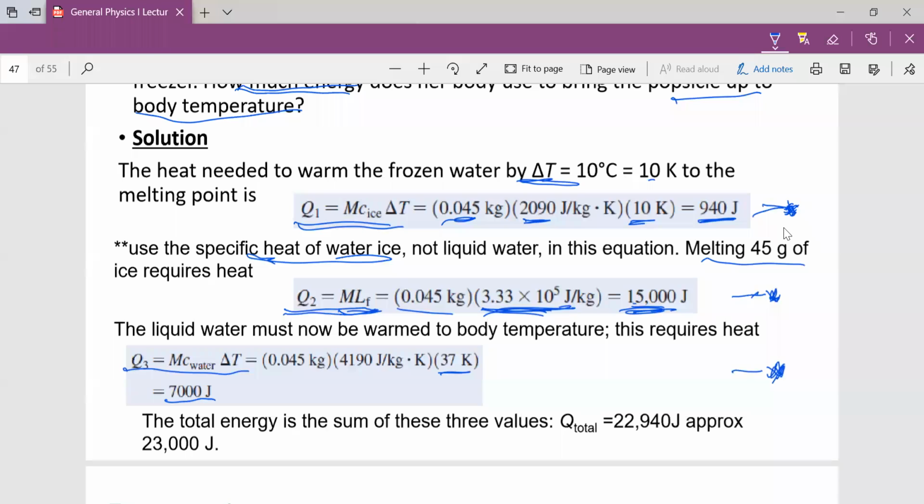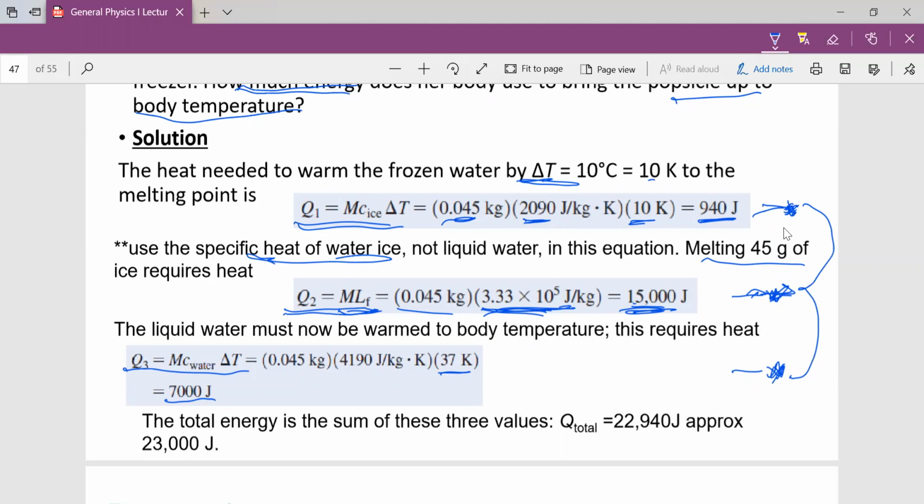Okay, so we see how it's going to liquid and it heats up, just like we saw in the first 5 blocks that we saw. It's the same process that is happening here, but it's happening in the system of the child. Instead of applying a steady heat, the body temperature is the heat supplied. So it goes from ice to liquid, then heats up.